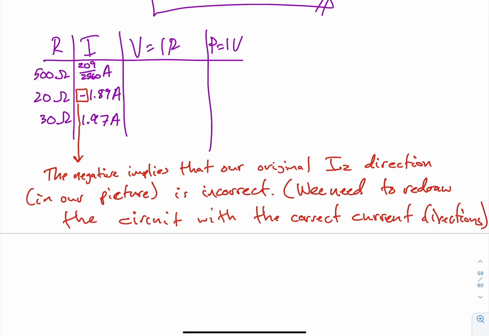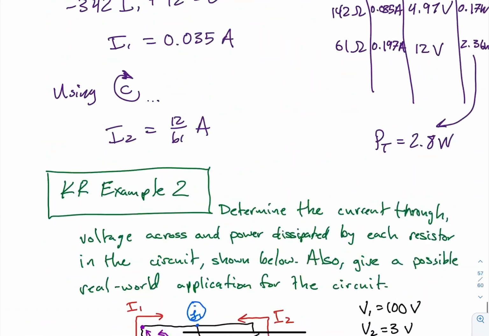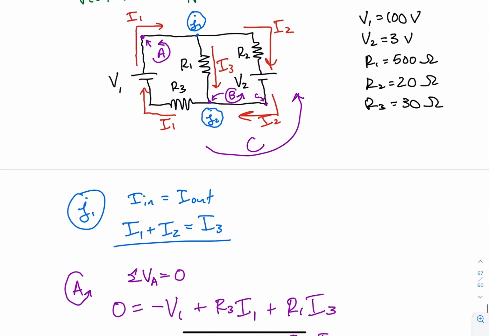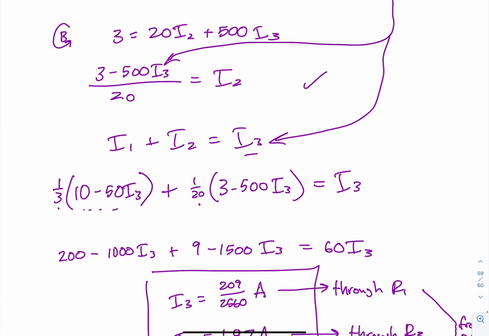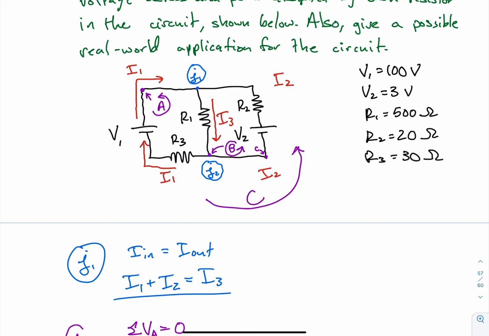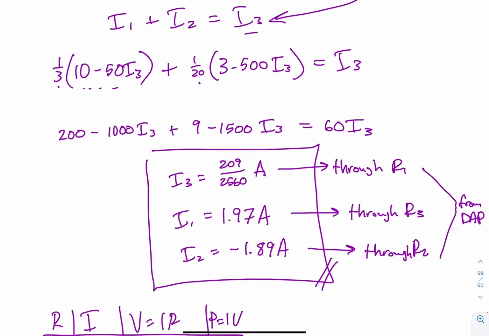This is important. If we go back and just change the direction here and say this tells me I2 goes this way, now if I'm grading you, I look at your picture and it is wrong relative to all this math that we just did. So we do not want to go through and undo the way that we originally chose our current direction. We need to instead redraw the circuit with the correct directions in the end.